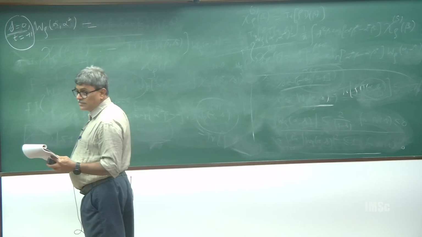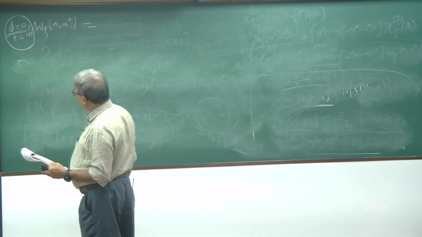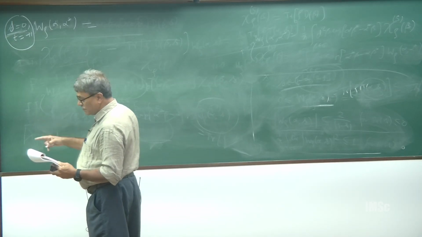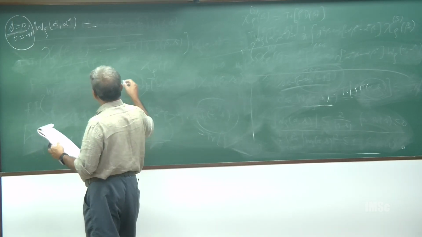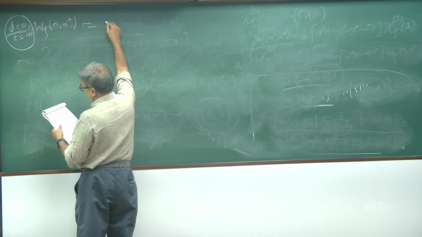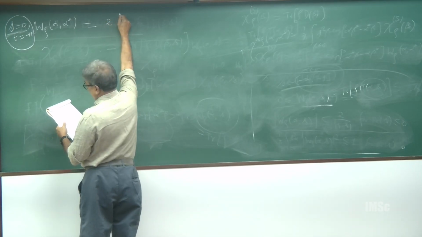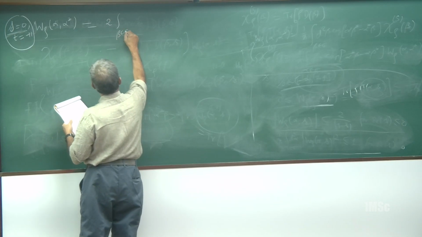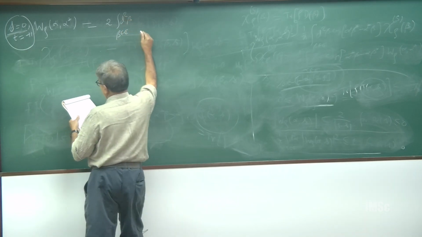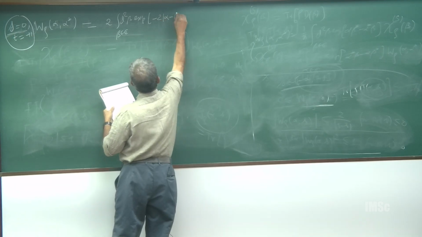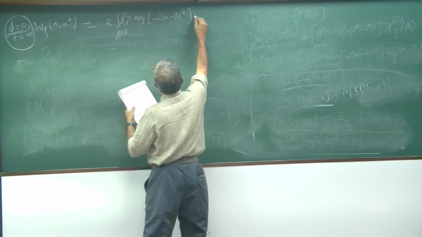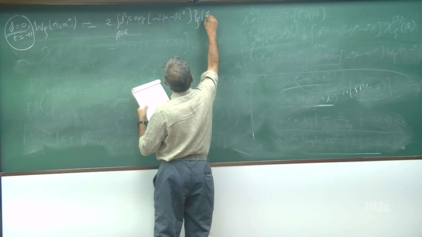What is this? This is t is 1, s is 0. So, 2 by pi. So, this will be basically 2 times the integral over beta belonging to C, d square beta, exponential of minus 2 mod alpha minus beta square, p rho of beta beta star.